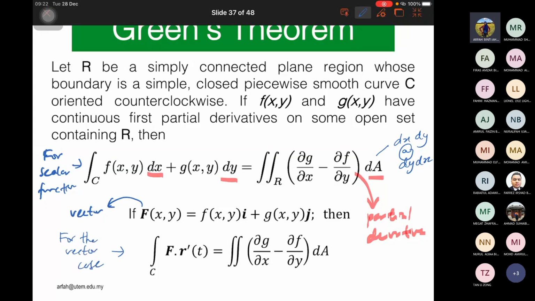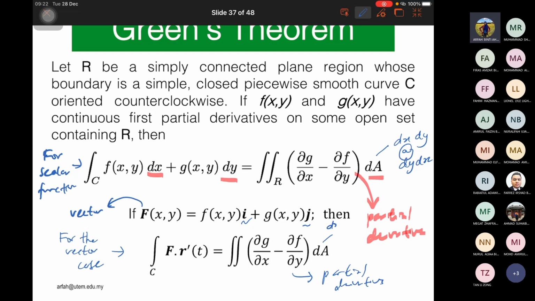Okay. If F(x,y) equals f(x,y)i plus g(x,y)j, then the integration over the curve C of F dot r prime t equals taking the double integral, and then the same, taking the partial derivative with respect to dA.